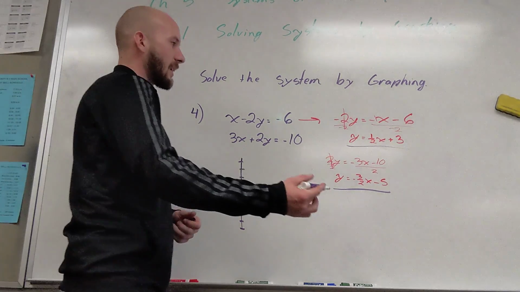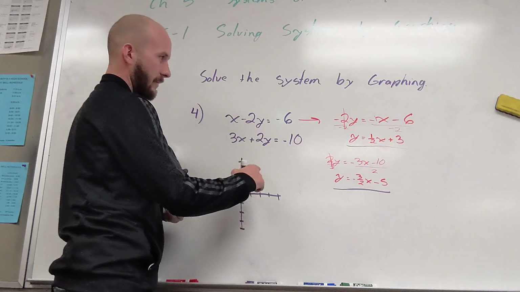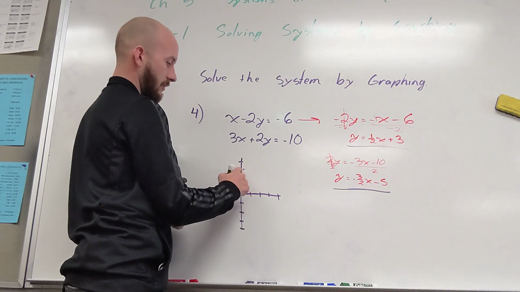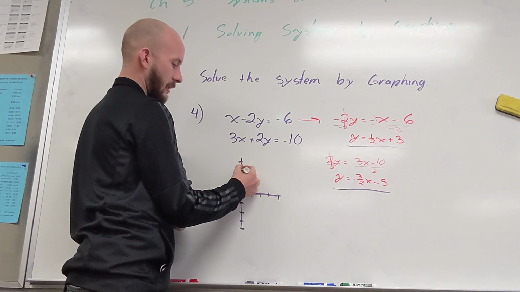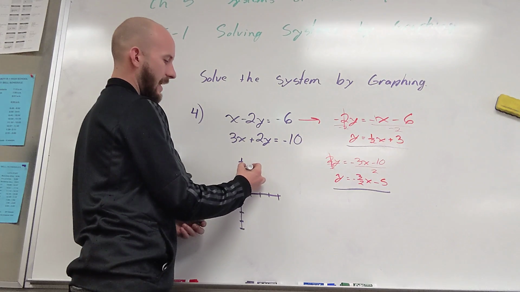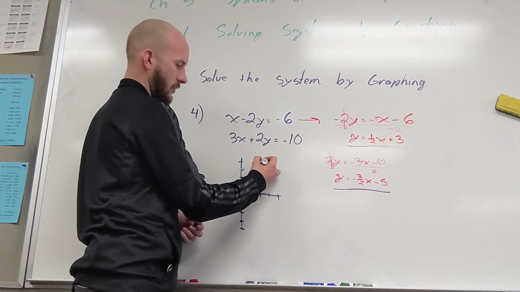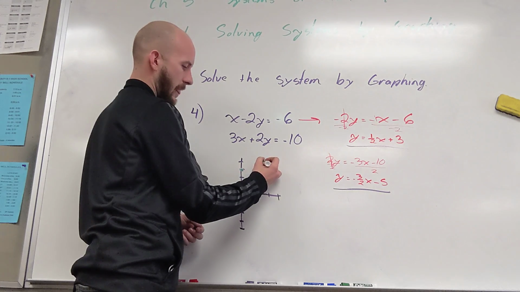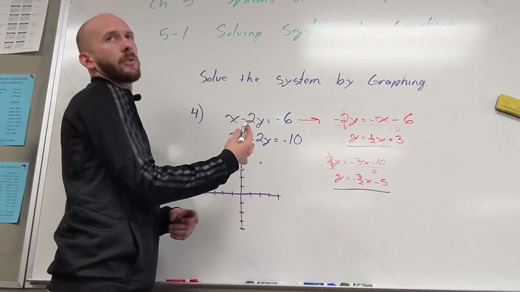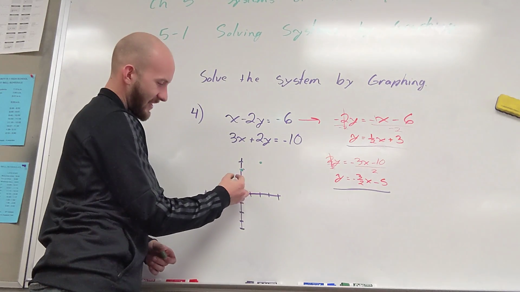All right, so start with your y-intercept of 3. So I'm just graphing this first equation. And then my slope is 1/2, that's positive, so up 1, right 2. Then you go down the line. But now notice how I'm kind of out of room. Then you go down 1, left 2.